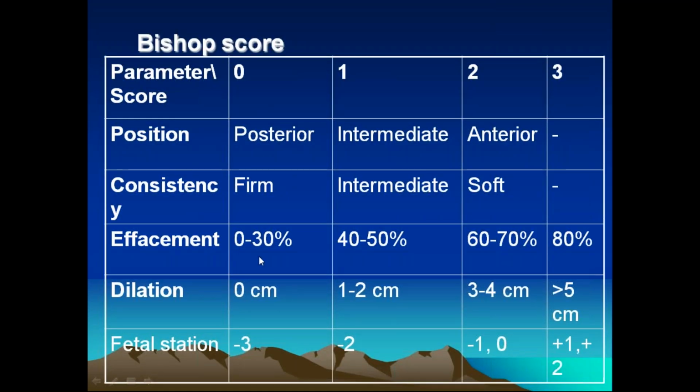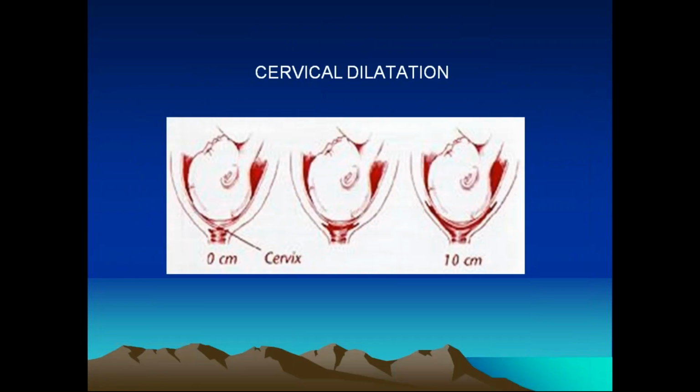We'll describe effacement depending upon the percentage, that is either 0 to 30%, or 40 to 50%, 60 to 70% and 80%. If it is 80%, we'll give a score of 3. And next is the dilatation of the cervix. Before onset of labor, the cervix will be closed and uneffaced.